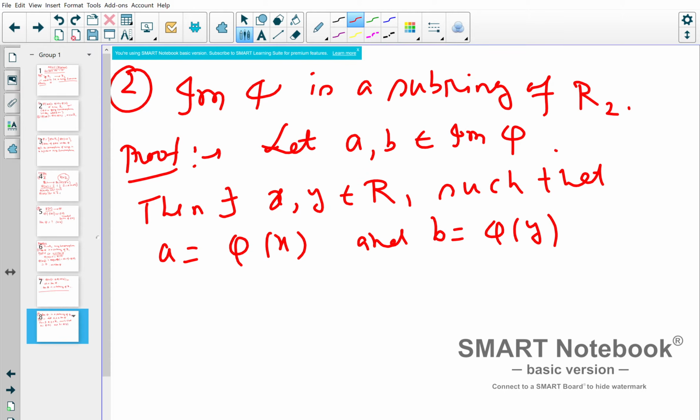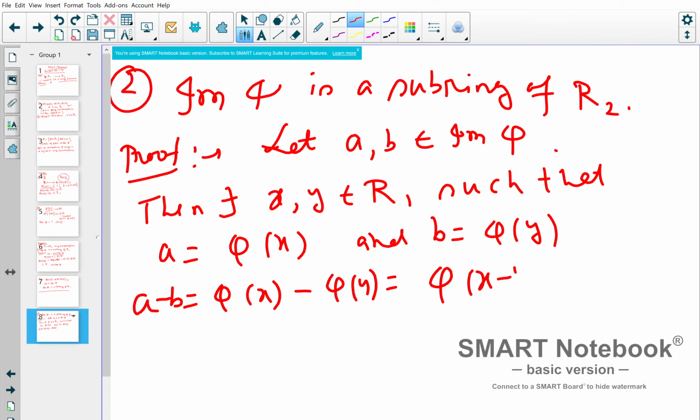For some x and y, and hence a minus b equals phi of x minus phi of y, which is nothing but phi of x minus y. So that means a minus b is the image of x minus y, and hence a minus b belongs to the image of phi.